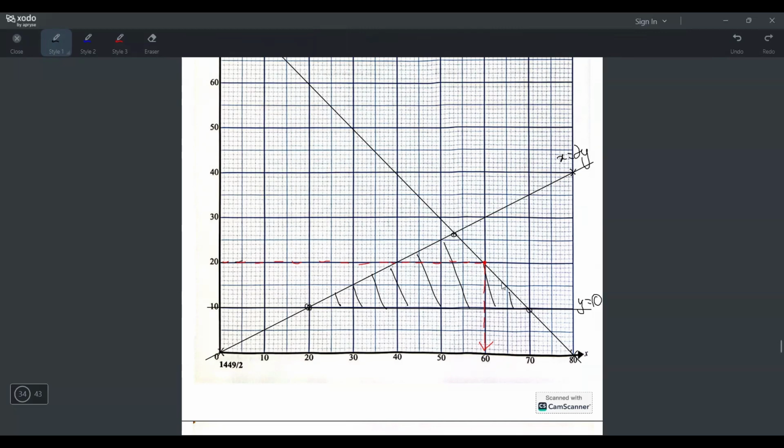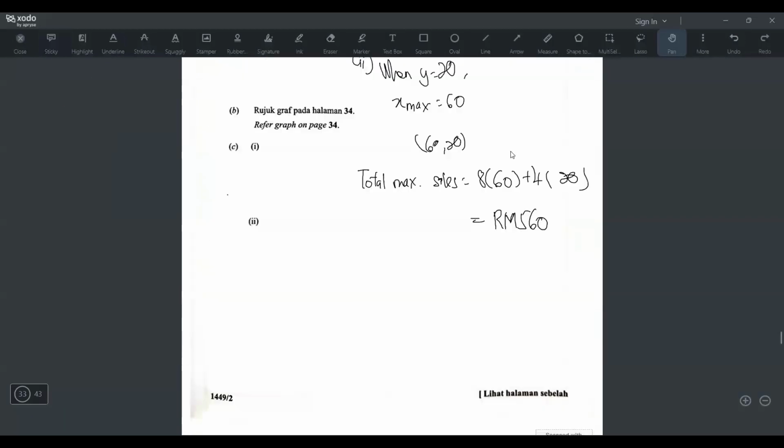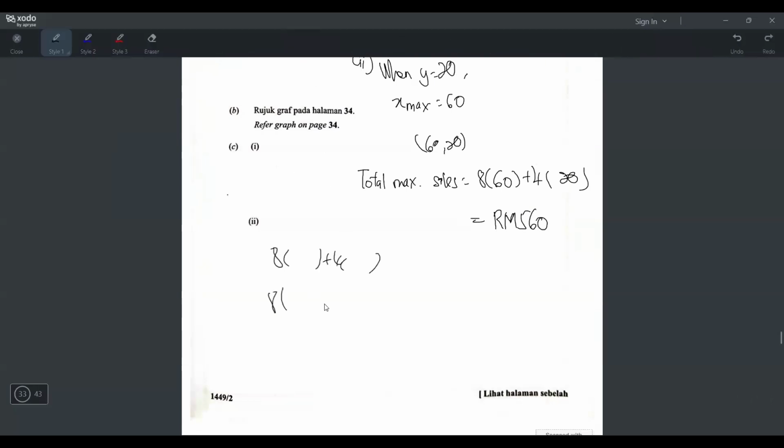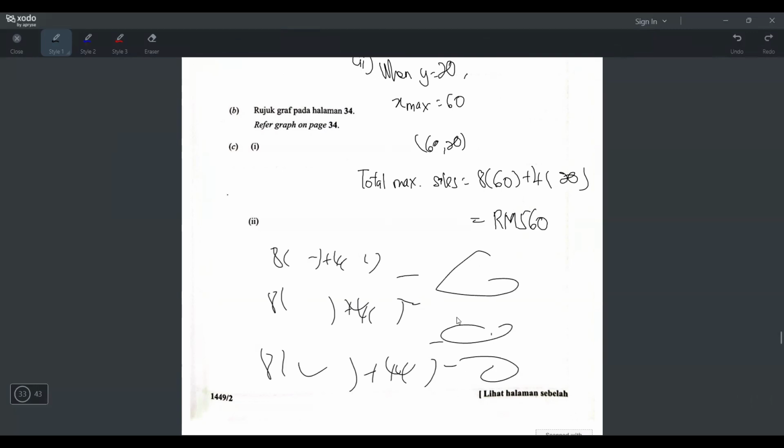You have to substitute all these corner coordinates in the formula 8x plus 4y. It means you have to do 8x plus 4y three times because there are 3 vertices. Then you substitute all the vertex coordinates in here and you see which one gives you the biggest answer. Like for example, this one gives you the highest, that's the maximum sale, right?